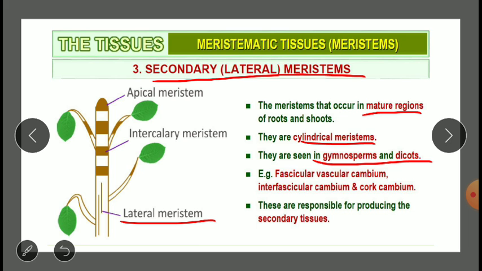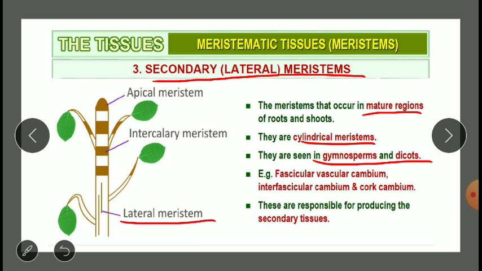Monocots like your maize or maybe your sugarcane, they are not increasing their girth or diameter. They are remaining thin. The stem is remaining thin because therein the lateral meristem is absent. Only in the gymnosperms and the dicotyledons we can see that the lateral meristems are present.